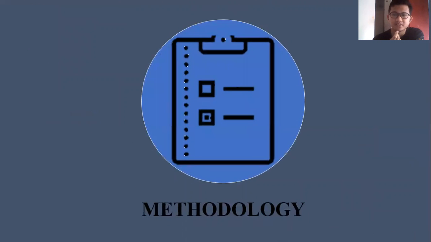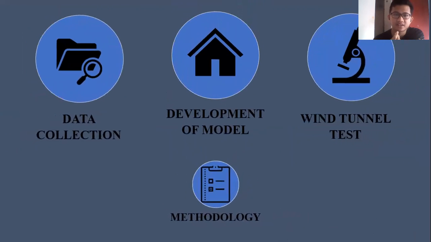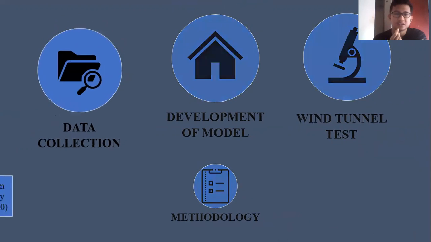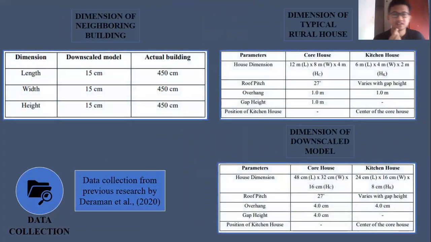Okay, for the methodology, there are three stages. The first one is data collection, from previous research by Draman et al. Data collection is very important in order to build and develop the rural house model.